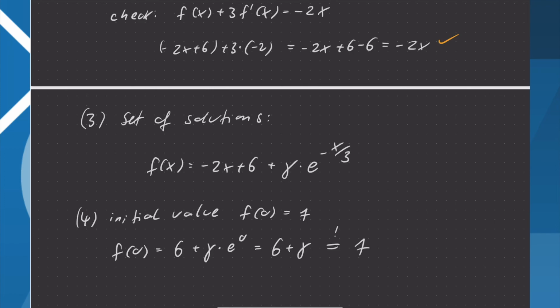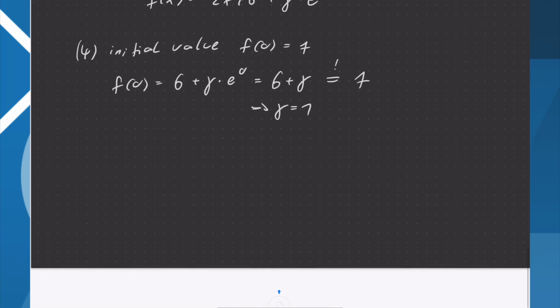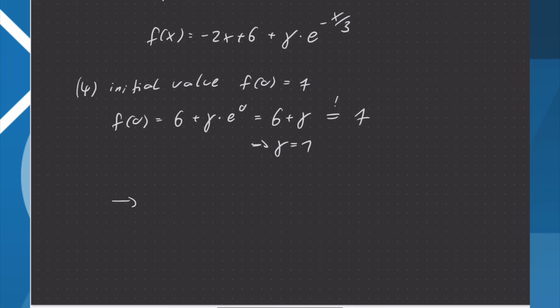And if that is going to be equal to 7, then that means gamma needs to be 1. So our solution eventually is f of x equals minus 2x plus 6 plus e to the minus x over 3. And that satisfies all the conditions that we want. Okay, this solves our initial value problem.